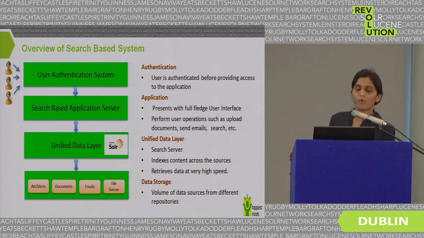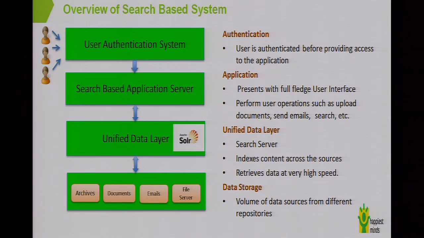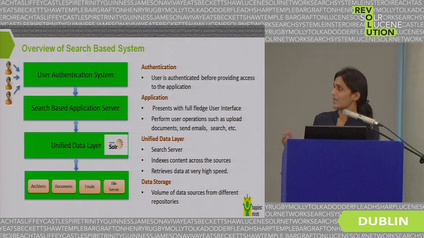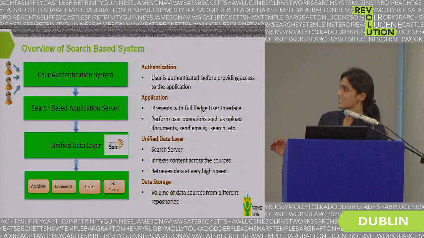So these two are the very important components in any search-based system. Further, we see a search application server that presents the user with a graphical user interface to interact with the search engine to retrieve search results or to upload any document, and that goes and sits into the data storage layer. So basically a graphical user interface.